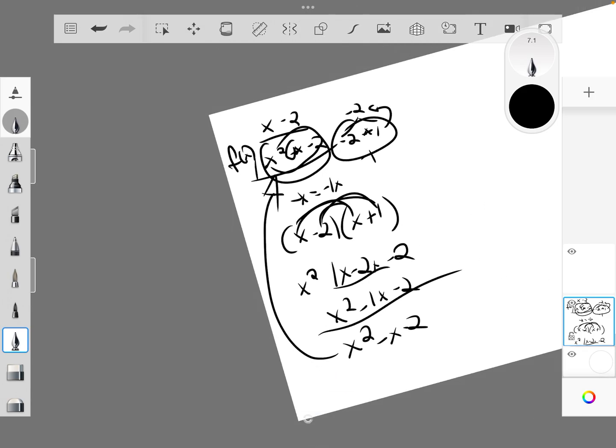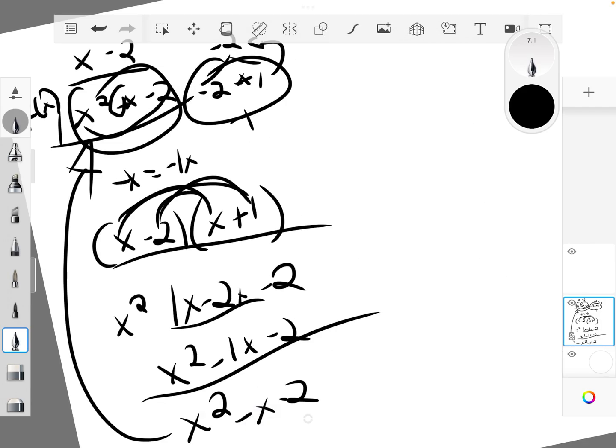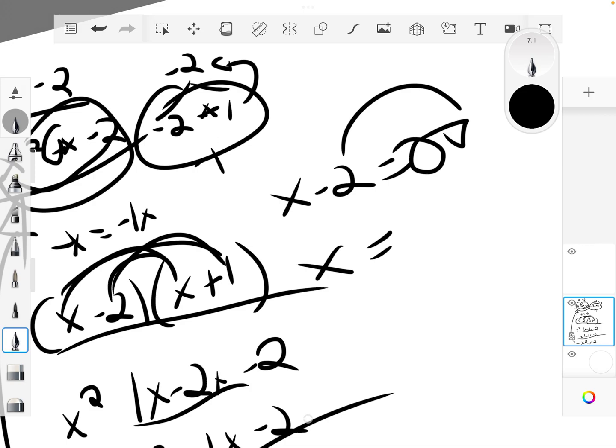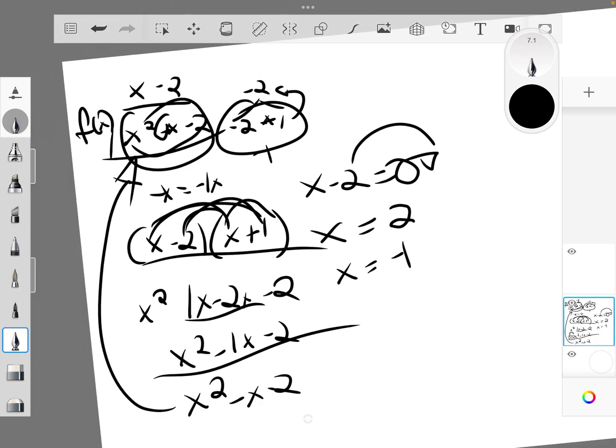So the two numbers are not negative 2 or 1, you'd be wrong, because it's x minus 2. So x minus 2 equals 0, transpose, x equals 2. And x plus 1 equals 0 gives x equals negative 1. Which means x cannot be either of these two numbers. Why can it be negative 2?